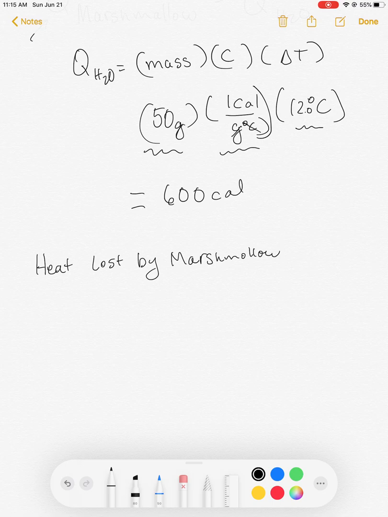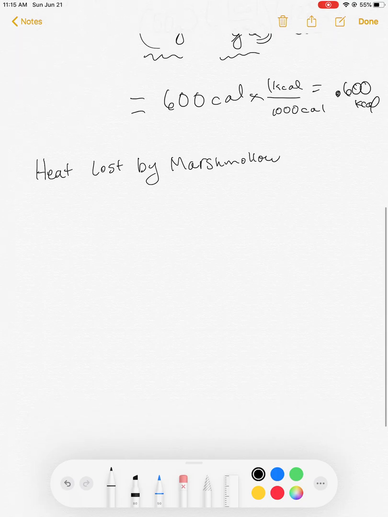Because grams cancel and degrees Celsius cancels. So remember, there are 1,000 calories for every kilocalorie. So that's going to be 0.6 kilocalories, okay?